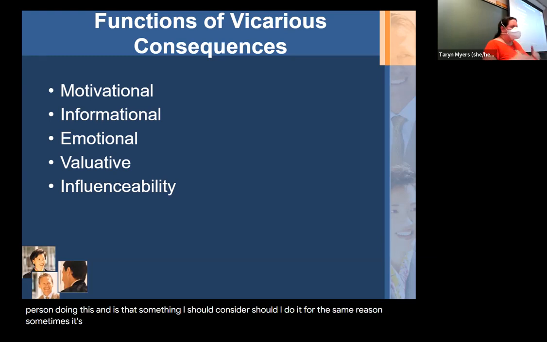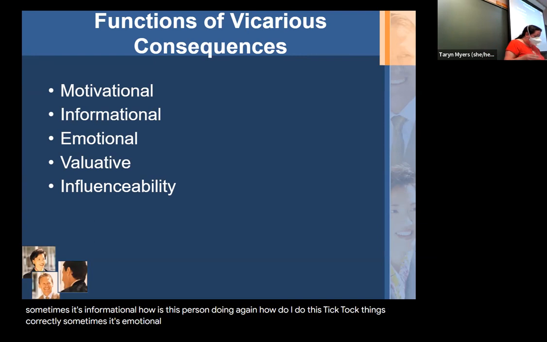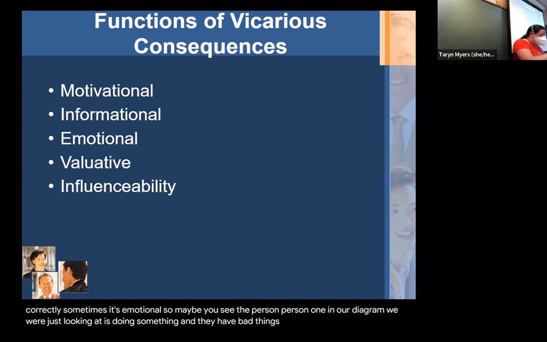Sometimes it's informational. How is this person doing this? Again, how do I do this TikTok dance, right? Sometimes it's emotional. So maybe you see the person one in our diagram we were just looking at is doing something and they have bad things happen.